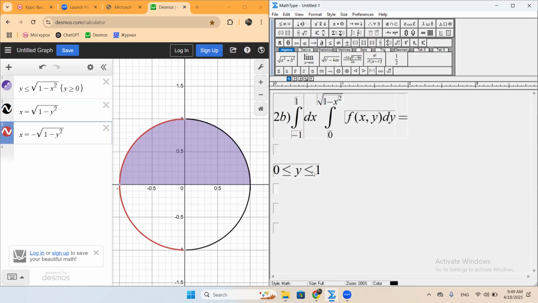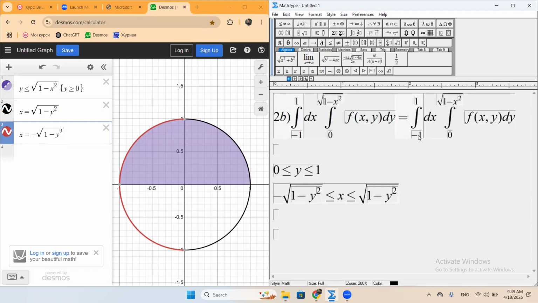So minus square root of 1 minus y square is less than or equals x, and x is less than or equals square root with sign plus. So we defined limits of integration, and now let's rewrite them.